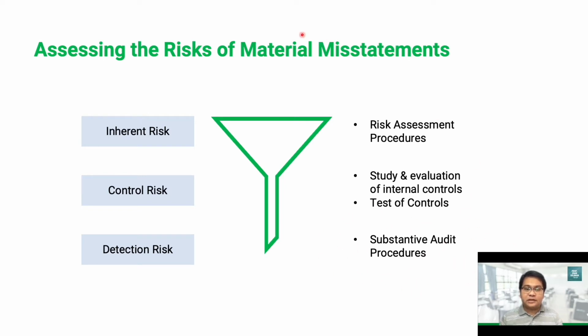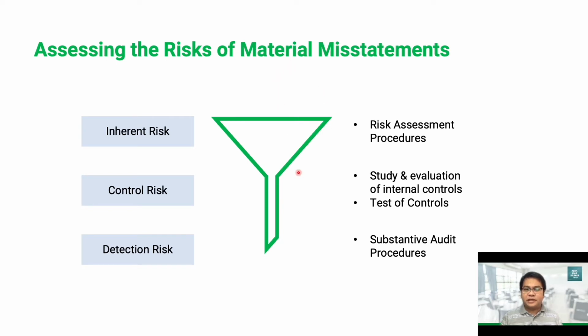So this is the summary of the whole risk assessment procedure and further audit procedures that we will be performing in an audit engagement. This process is sometimes illustrated by a funnel-like analogy, wherein the risk will be filtered.